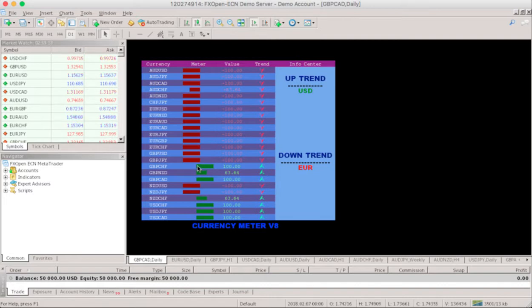When you look at that pair, which is a green bar, and pound Swiss, so pound is the green one, because the meter is telling you what the first currency is doing. As you know, it's a pair. So if one is going up, the other one, obviously, is going down. So in that case, you can surely go ahead and find a good trade setup.